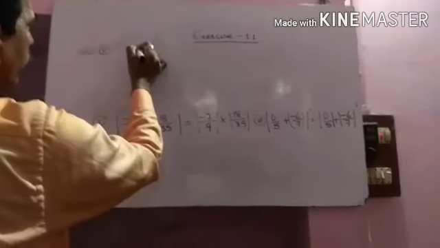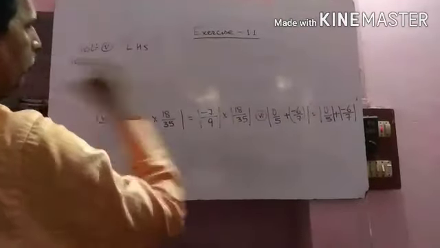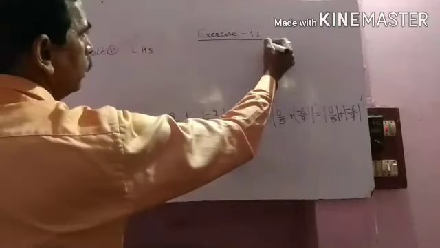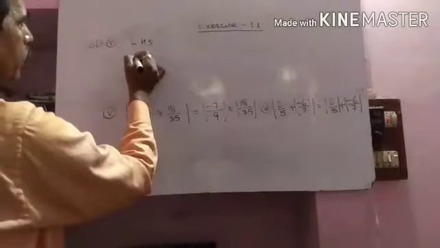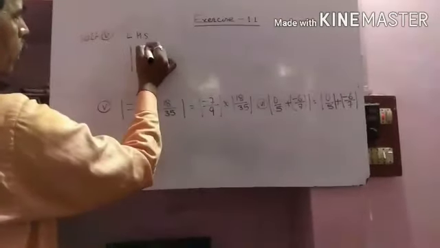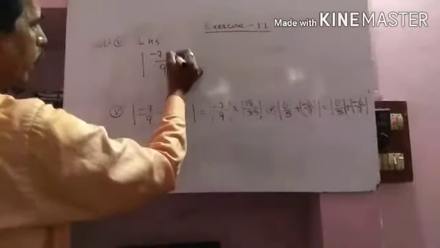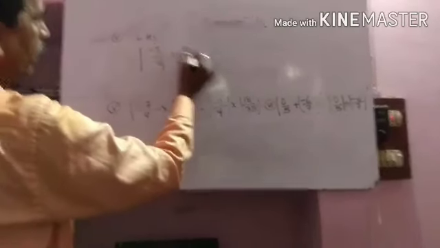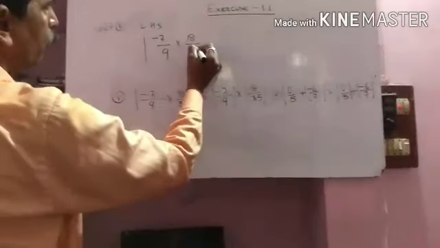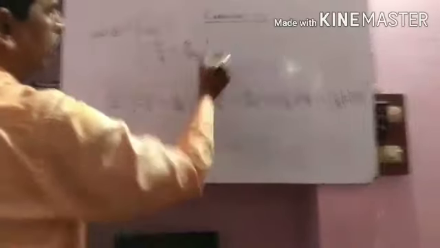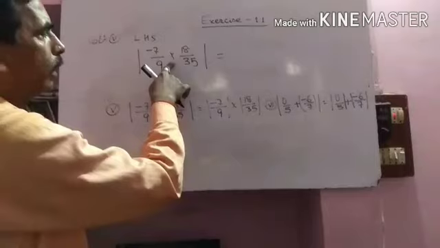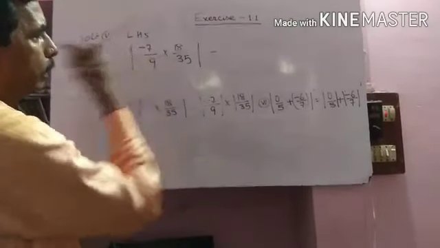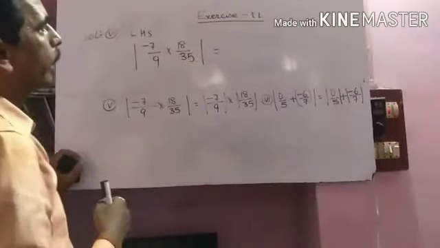Here, first of all, take LHS individually, which is inside the mode minus 7 by 9 into 18 by 35. So there is a sign of multiplication, so you can cancel or divide numerator and denominator.